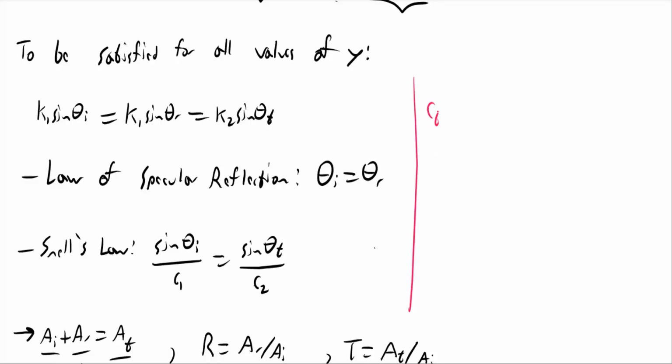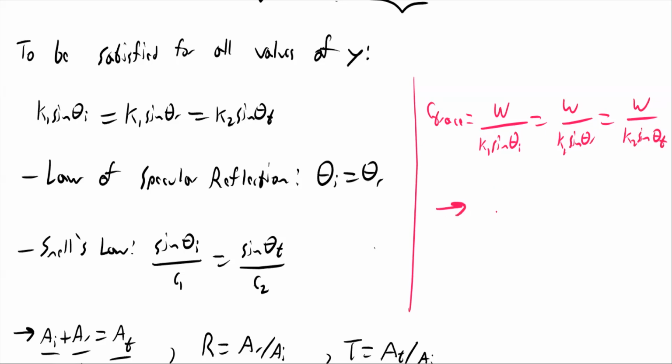It turns out that the trace velocity is given as omega over k1 sine theta I, which is equal to omega over k1 sine theta r, which is also omega over k2 sine theta t, from which you can once again obtain the law of specular reflection and Snell's law.